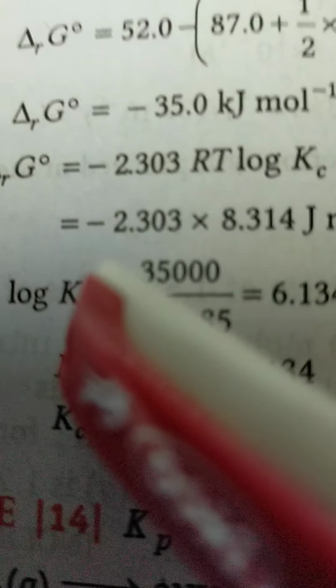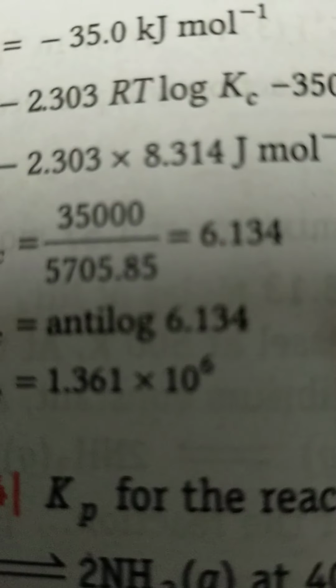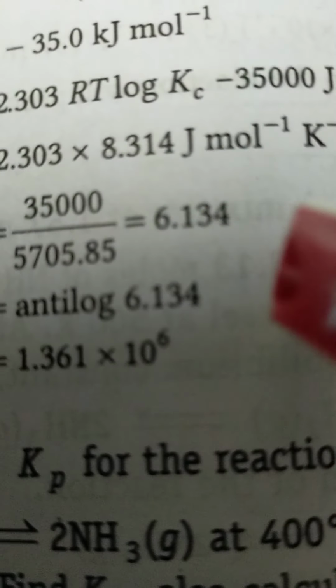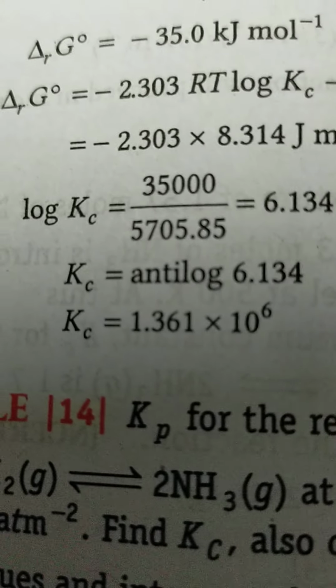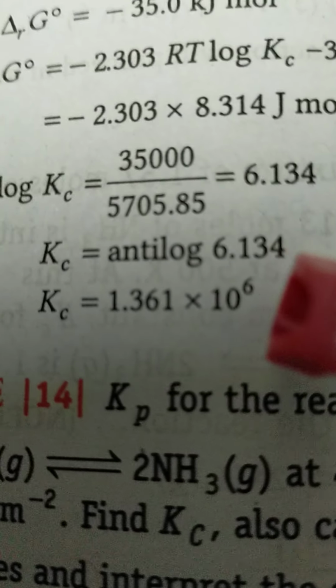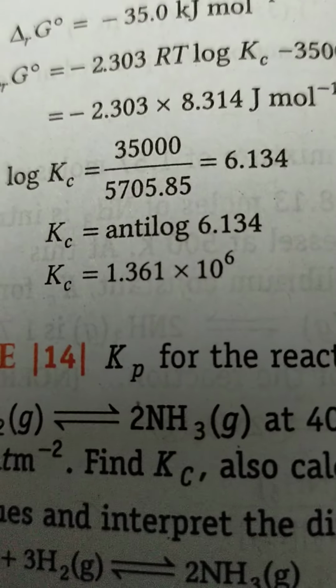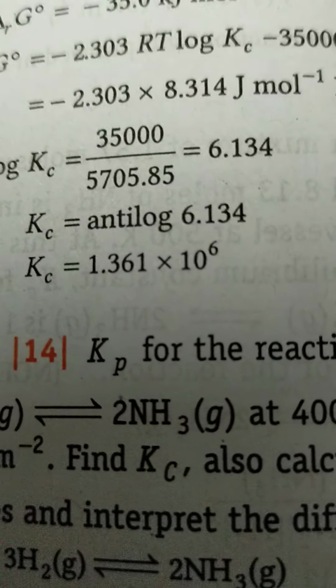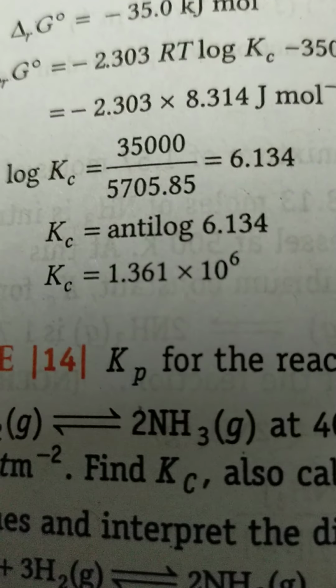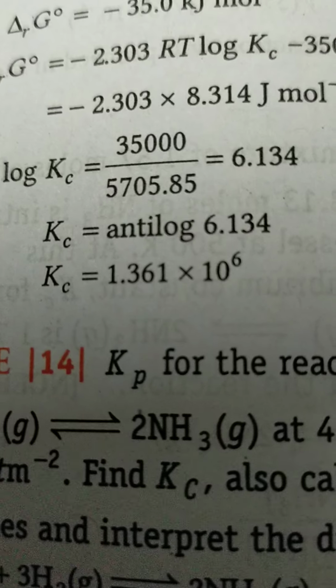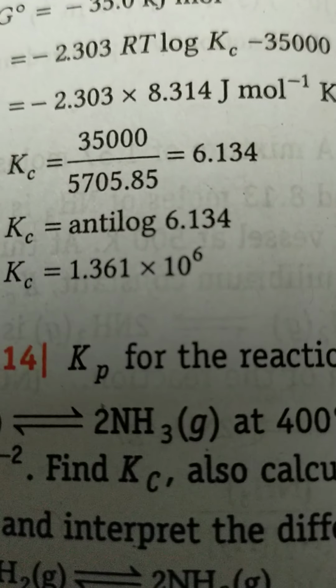Finally, the answer is log Kc is equal to 6.134. Kc is the antilog of 6.134. So the antilog of 6.134 is 1.361 into 10 to the power 6.